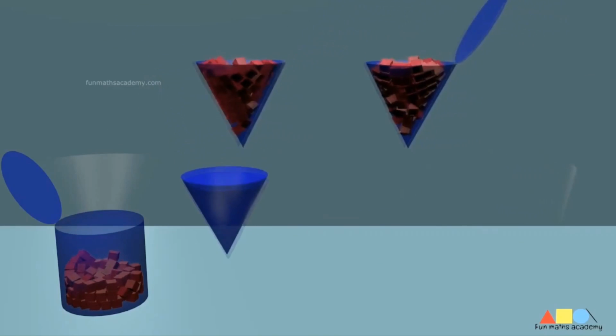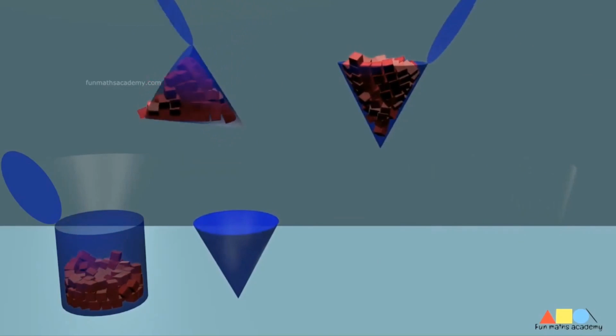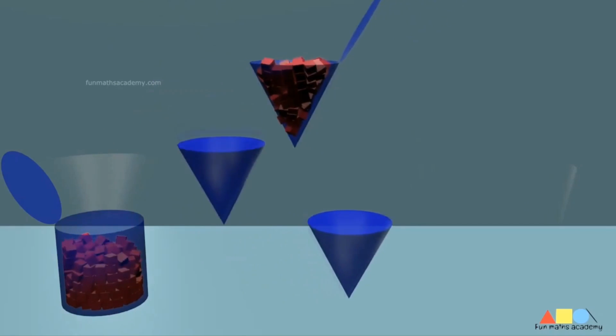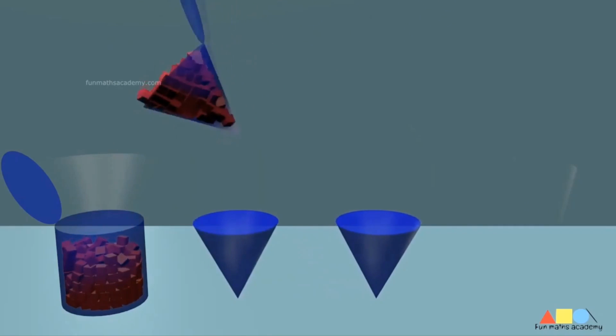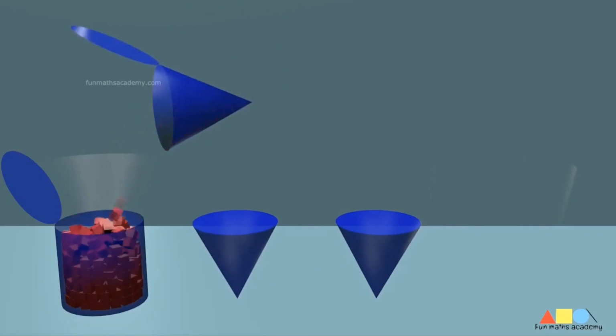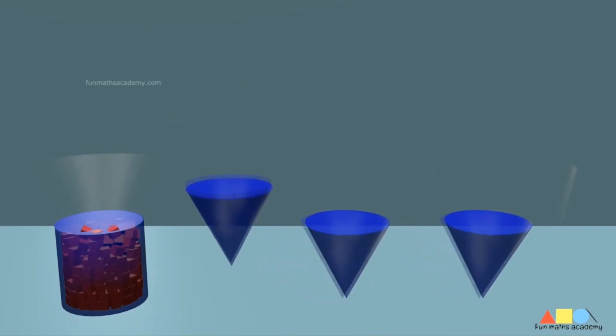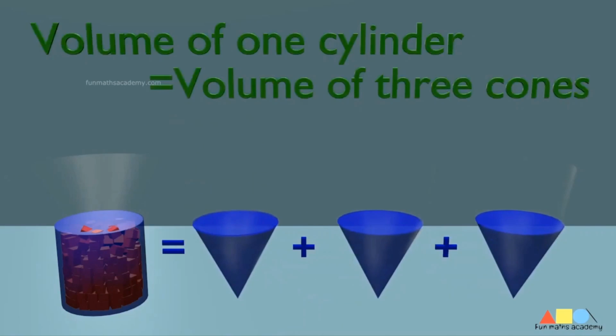Now this is cone 1. This is the second cone. And the third cone. We see that 3 cones can completely fill the cylinder. Yes, we were right. Volume of one cylinder is equal to volume of 3 cones.